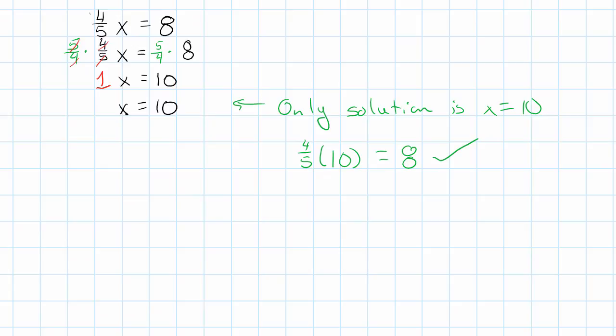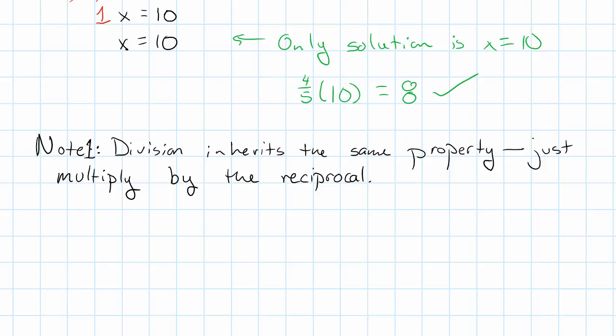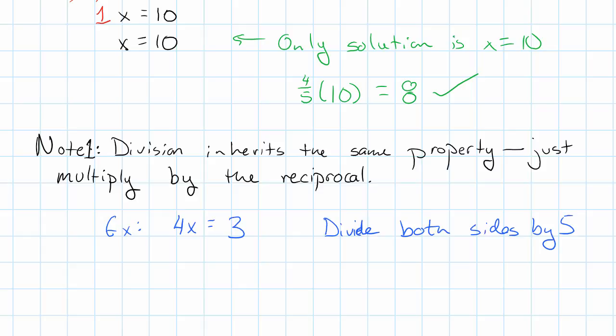Now, there are a couple of things to note. First, just as subtraction inherited its properties from addition, division inherits its properties from multiplication. So, for example, if we have the equation 4x equals 3, and we choose to divide both sides by 5, that means multiply both sides by 1/5.